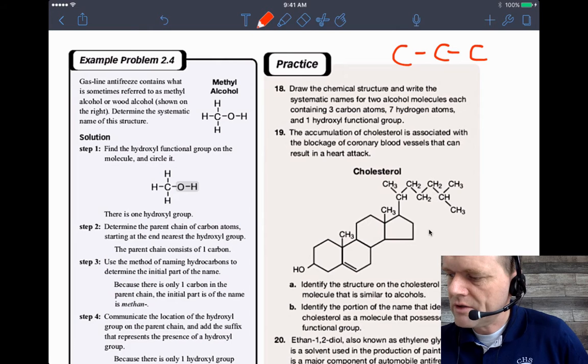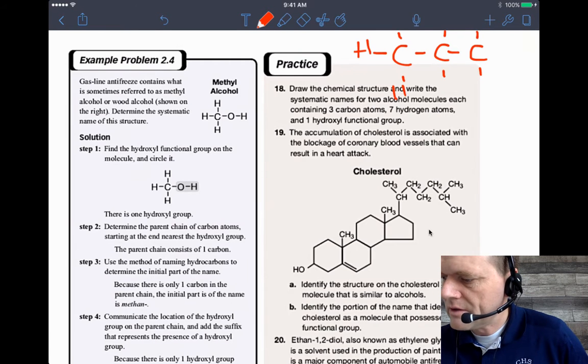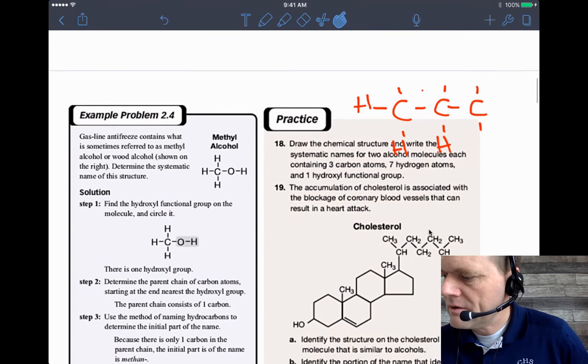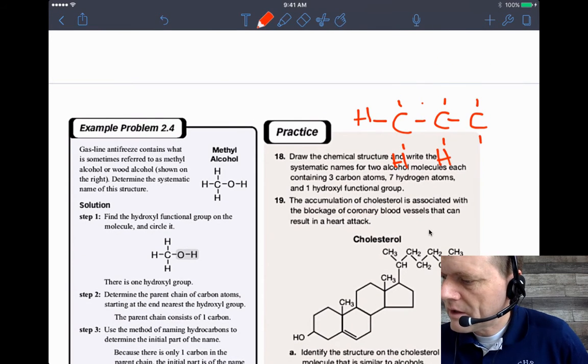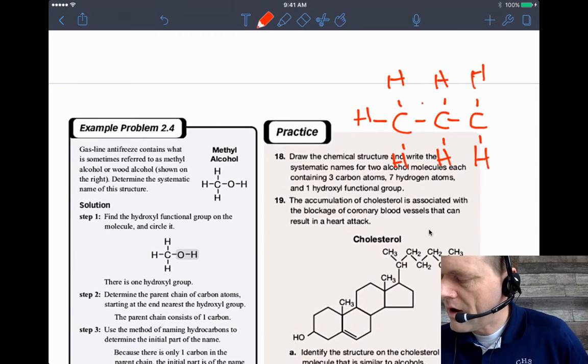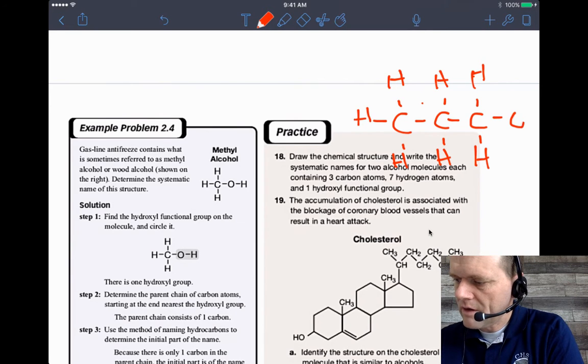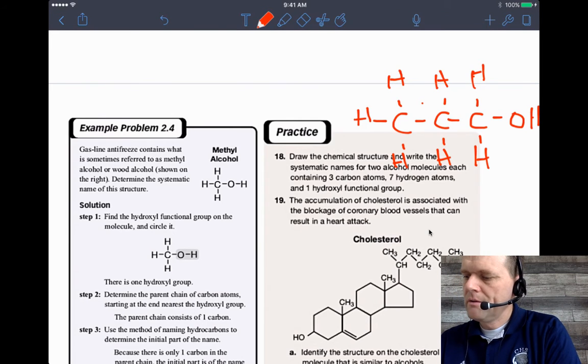With 7 hydrogens, each carbon needs 4 bonds connected to it, so I can start throwing all the hydrogens in here: a hydrogen up top, a hydrogen down below, another hydrogen up top. Setting it up that way, right away we have our 7 hydrogens and they're all accounted for. Then if it has 1 hydroxyl group, we could stick it right there. There's the OH.